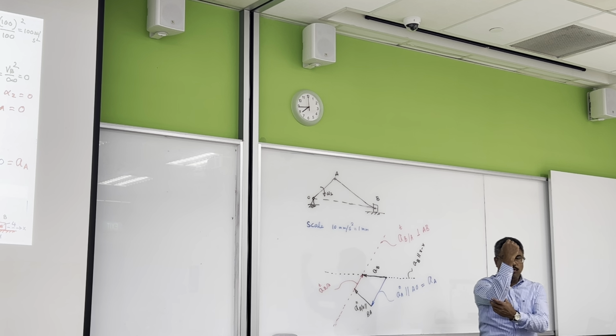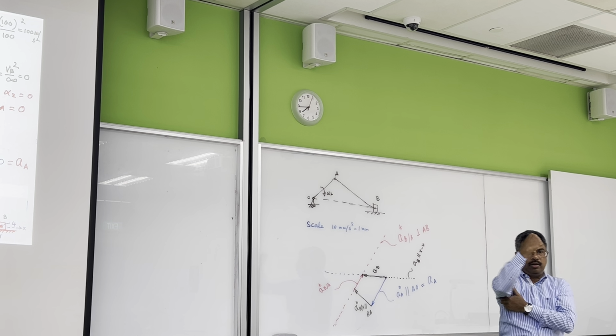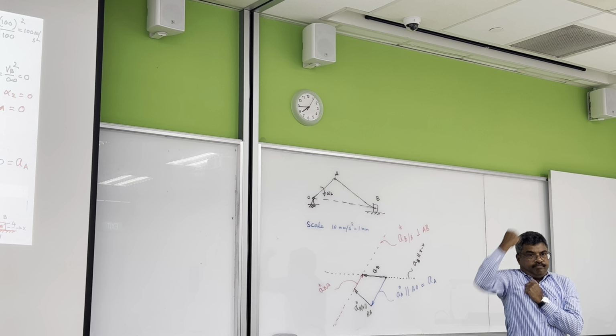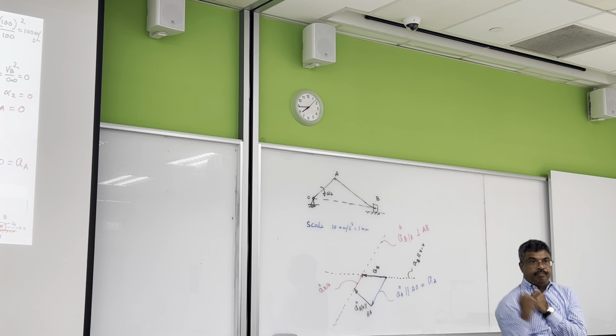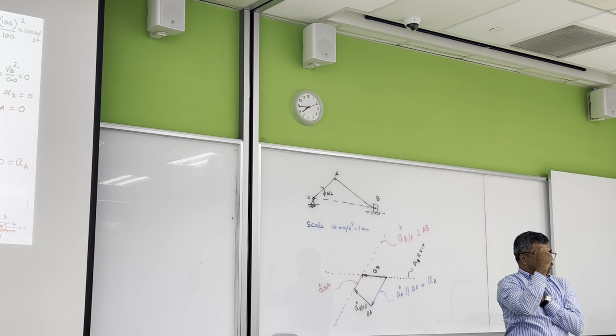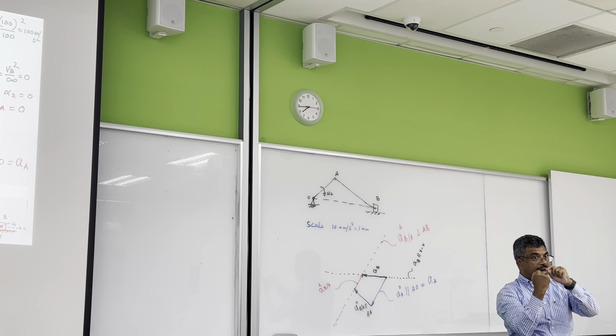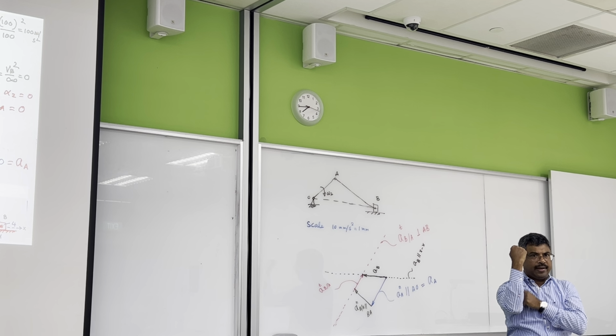So how is it moving? Look here. Consider here is a piston, here is my crank, and this is a connecting rod. Right? Now look at our piston, don't worry about the connecting rod and the crank.